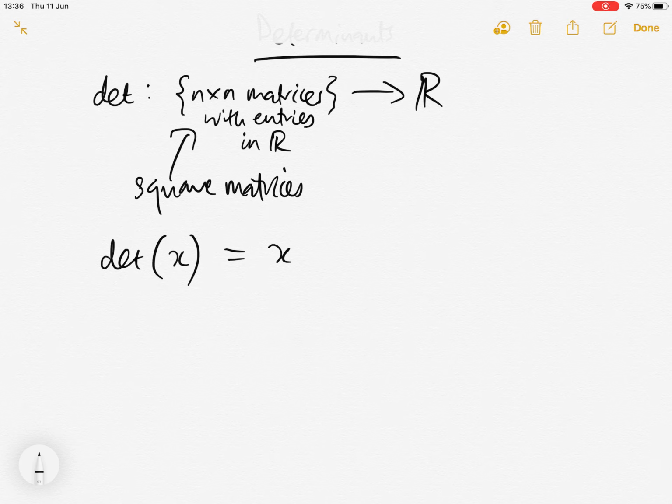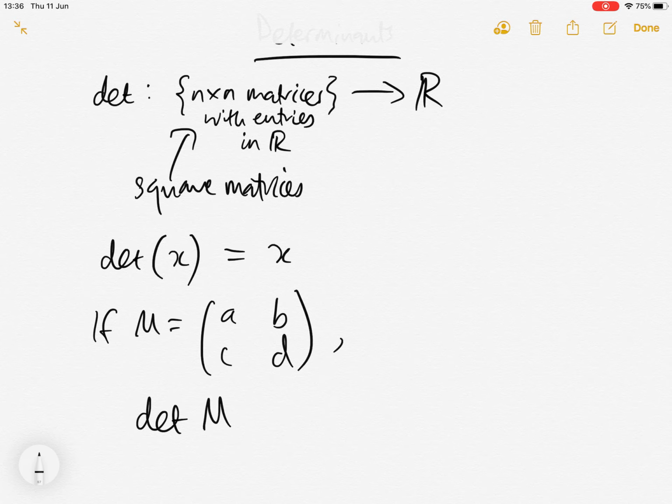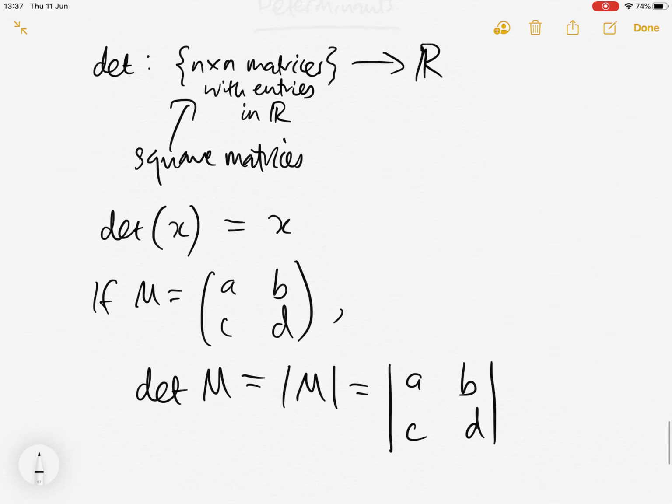If we have a 2-by-2 matrix, M equals A, B, C, D, then the determinant of M, written det M, or sometimes with vertical bars around M, or sometimes with the matrix written with vertical bars.